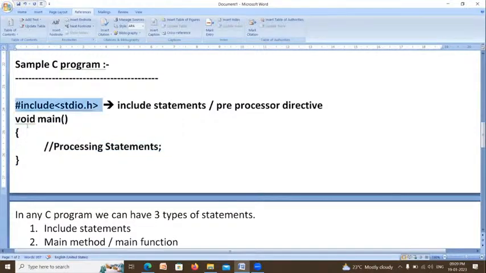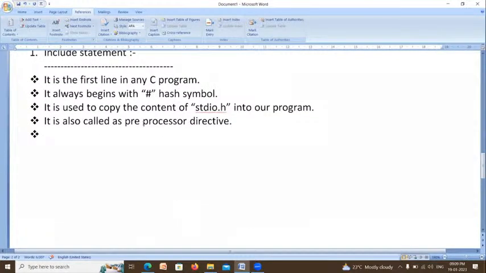This line executes before the main method, so it is called preprocessor. Processing means execution. So preprocessor means it will be executed before the main method, at compile time.